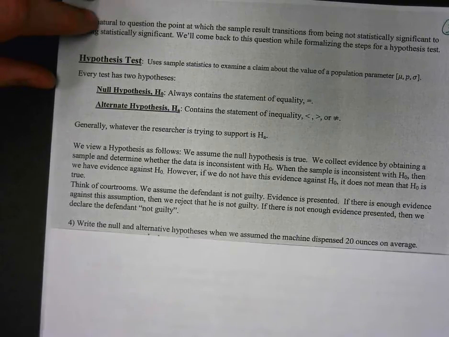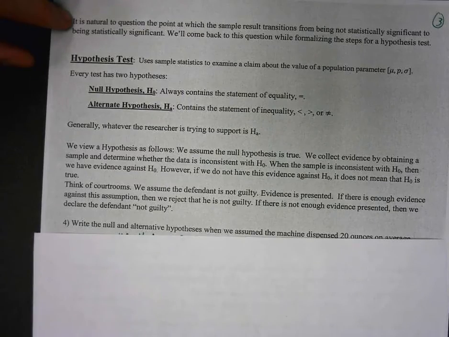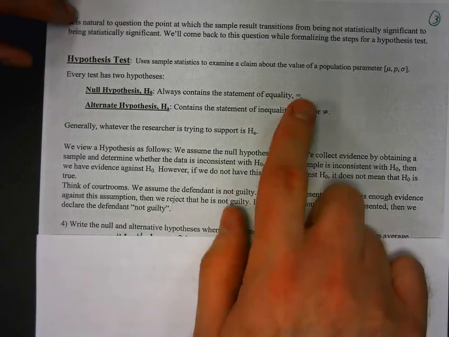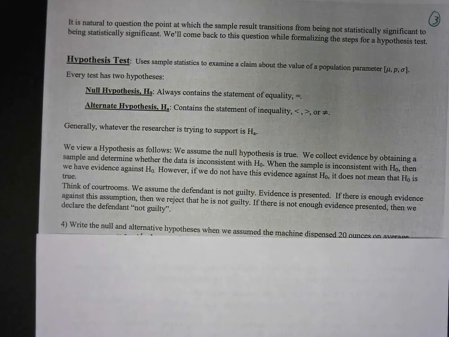In the example from the previous video, the machine dispensing 20 ounces, the statement of equality was that mu equals 20. The alternative hypothesis, Ha, will always contain the statement of inequality, meaning a less than, greater than, or not equal to sign. In practice, generally, whatever a researcher is trying to support is the alternative hypothesis, Ha.